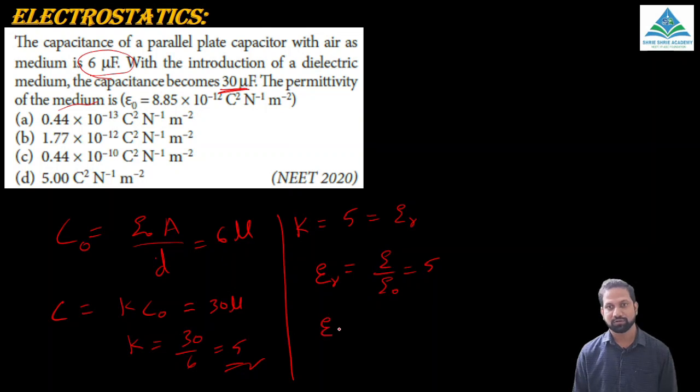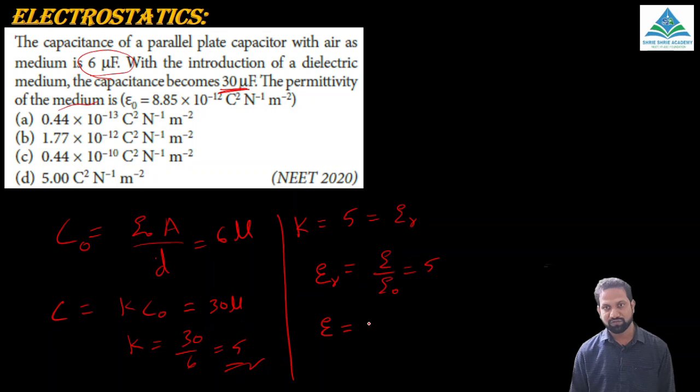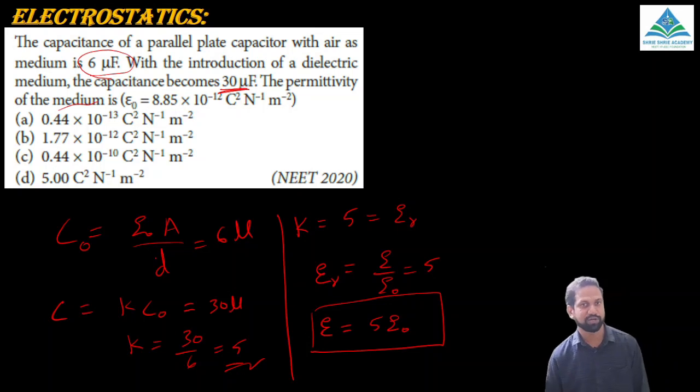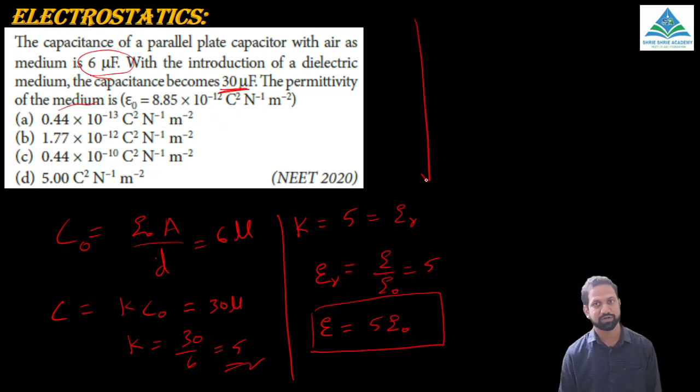Then epsilon, the permittivity of the medium, equals 5 times epsilon naught. Substituting the epsilon naught value of 8.85 into 10 to the power of minus 12, you can select any one of the 4 options here. I hope you got it. It's very simple and straightforward.